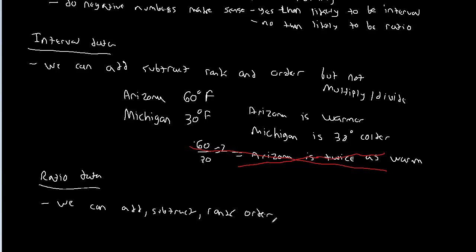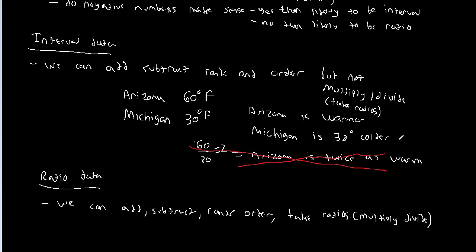But what we can also do is take ratios, which is multiplication and division. And I'm going to clarify, when I say multiply, divide, I mean take ratios. Because you certainly could multiply both of these by some number like 2. That's okay. But you cannot compare them using division to make ratios.